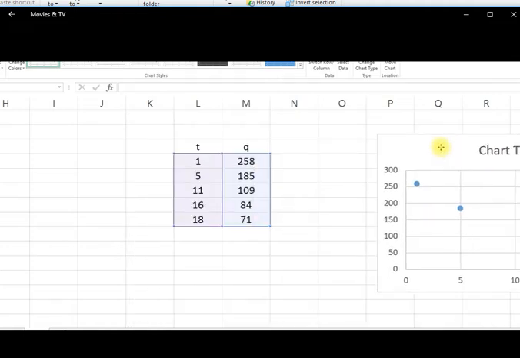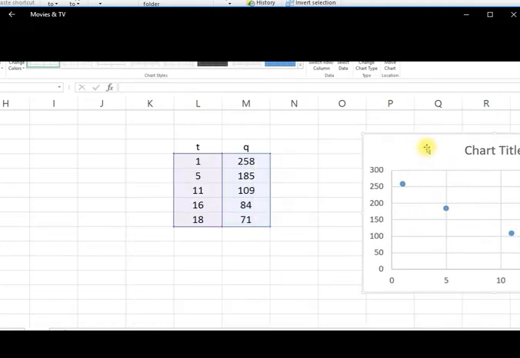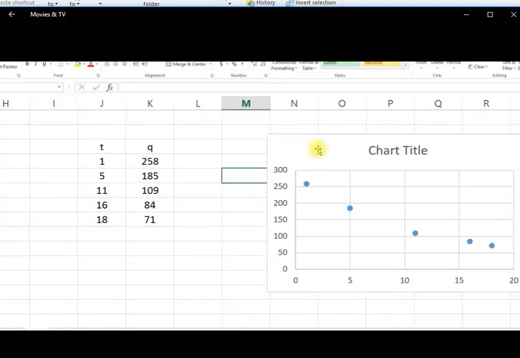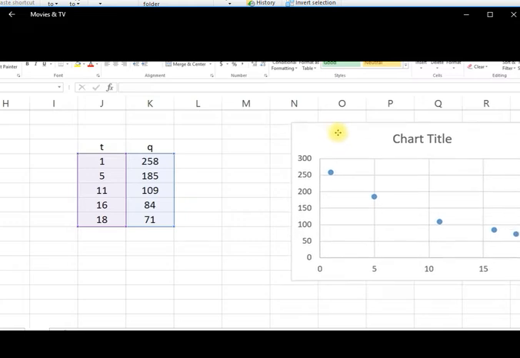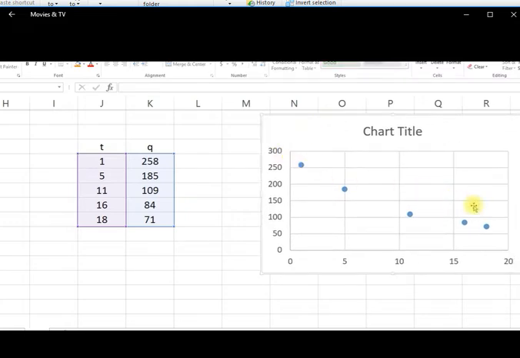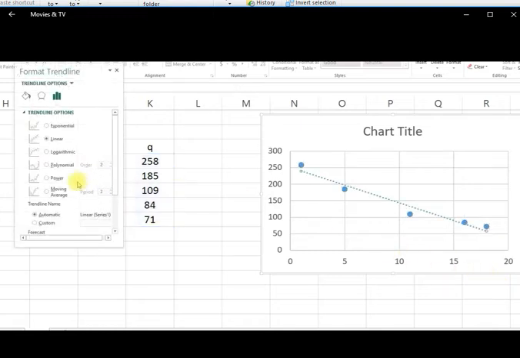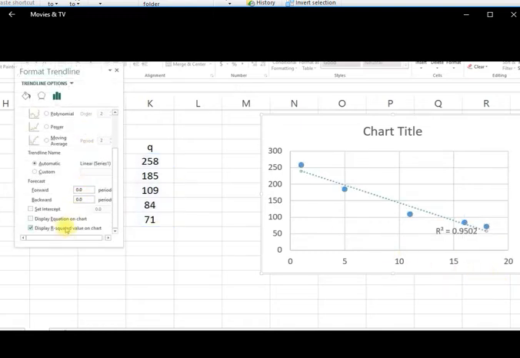Let me delete this part. Now if I fit a linear trend line here, let's see the equation and R square. Yeah, R square is not that good.